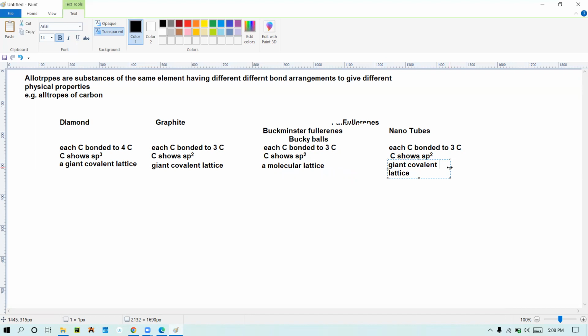Only one molecular lattice is there, it is buckyballs. And for graphite, I can write one more thing, even though it's a giant covalent lattice, it's a layered structure.